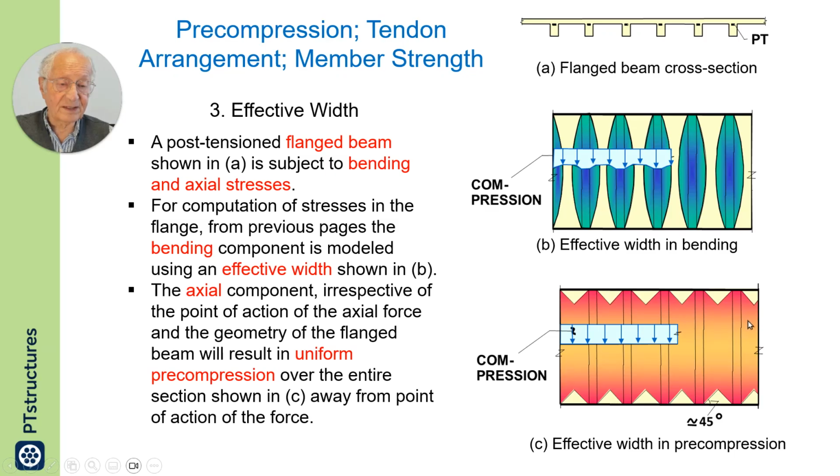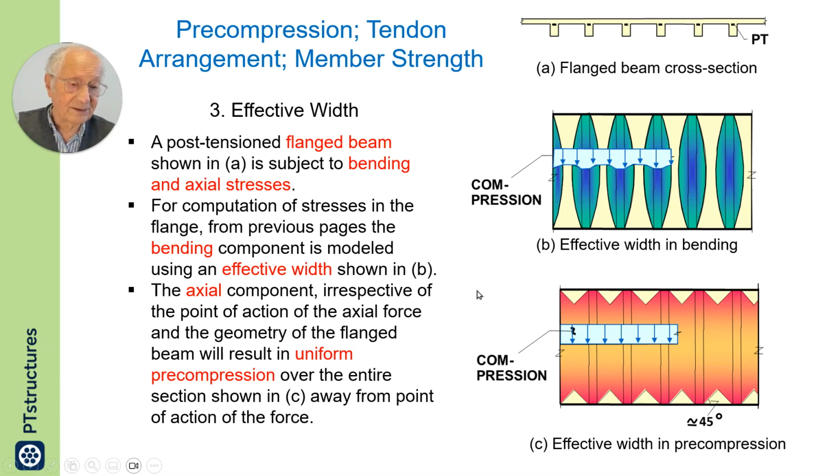Now, this is showing the distribution of axial from post-tensioning. Observe that the axial is uniform. It doesn't matter where the tendon is anchored.